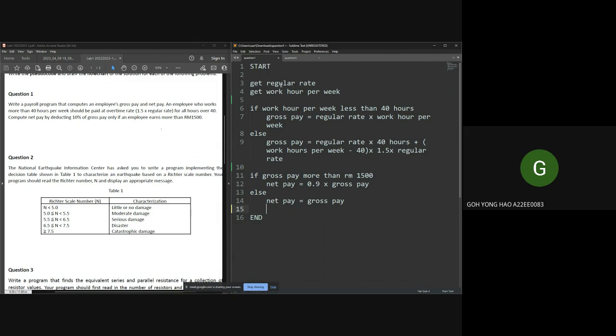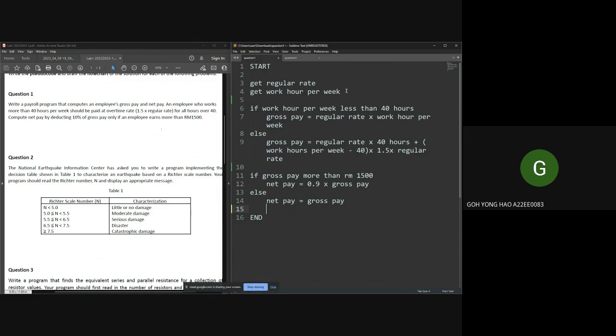We start by getting the regular rate and the work hours per week. Then if the work hours per week is less than 40 hours, the gross pay is just the regular rate times the work hours per week.